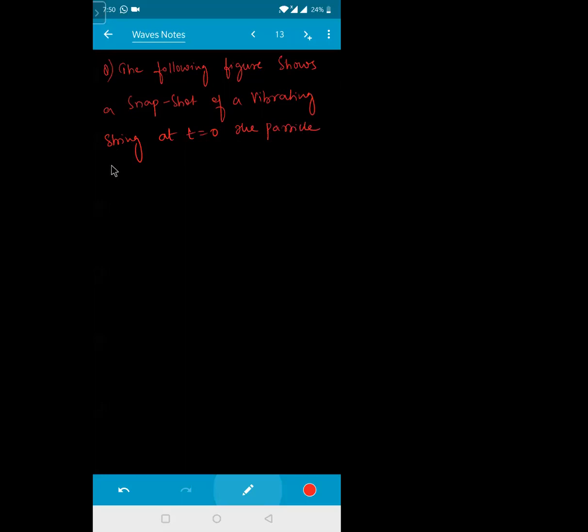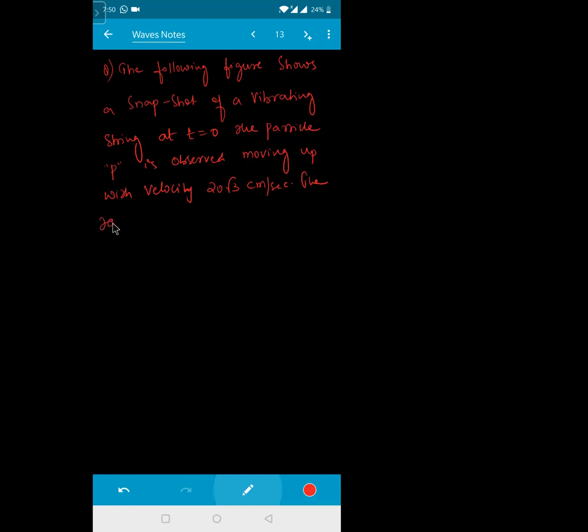The particle P is observed moving up with velocity 20√3 centimeter per second.